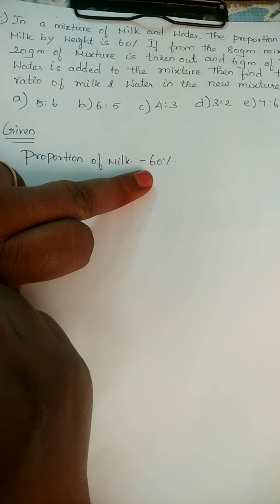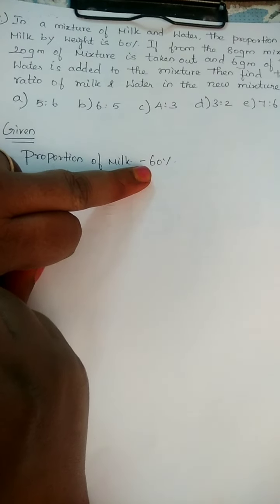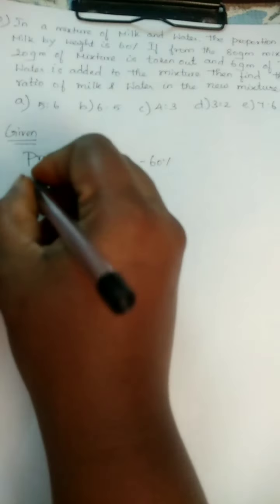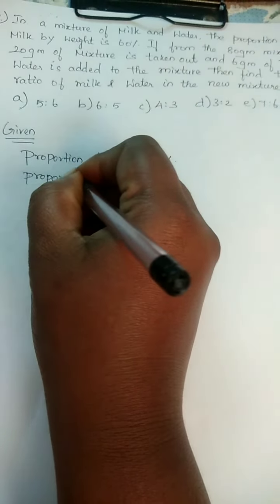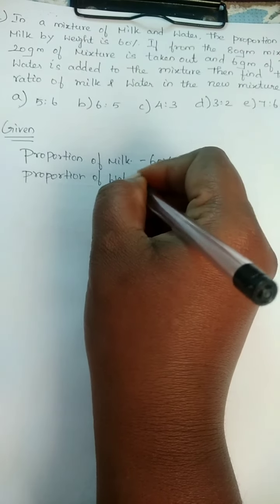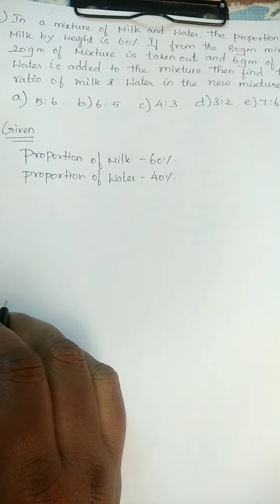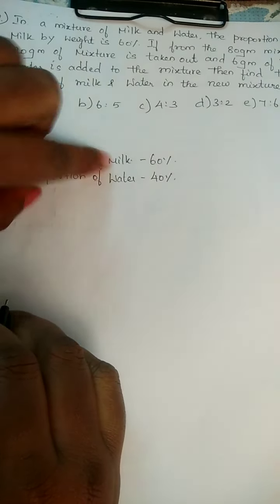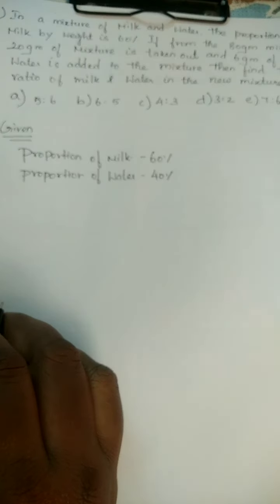So, similarly, what will be the proportion of water? Milk is 60%, then the proportion of water must be 40%. Am I right? From the proportion of milk, we found the proportion of water is 40%.